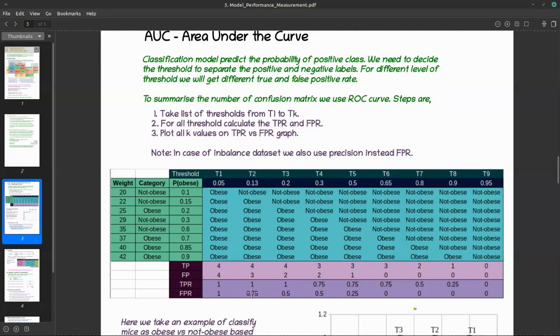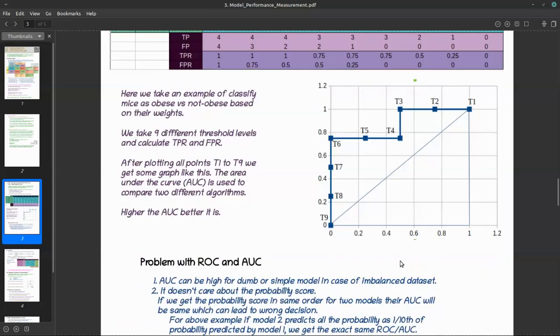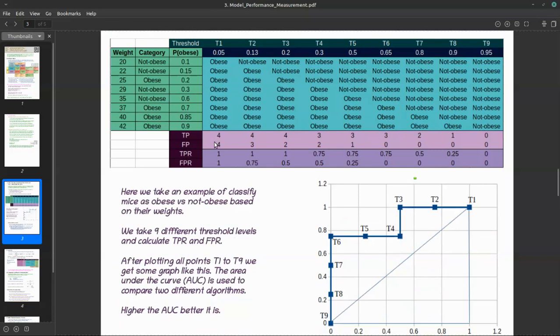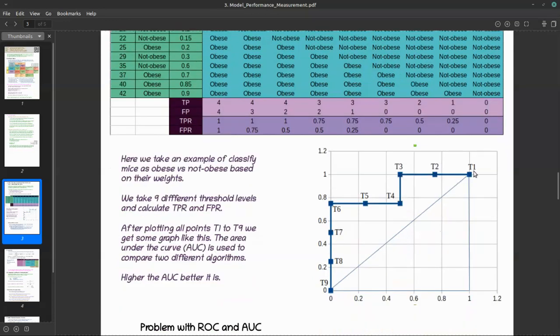Every positive value I am able to find truly. So it's a TPR versus FPR graph. For each threshold, I will calculate TPR and FPR. If it is 1, 1, I will put here 1, 1, then 1, 0.75 somewhere here, 1, 0.5 here. So it is good, right?